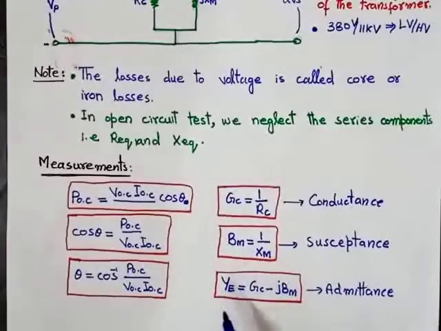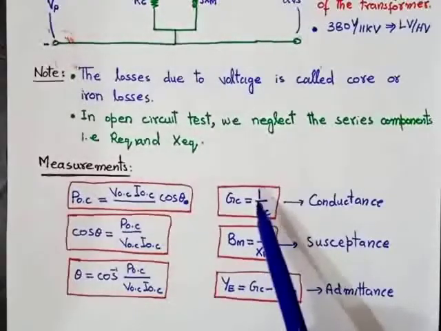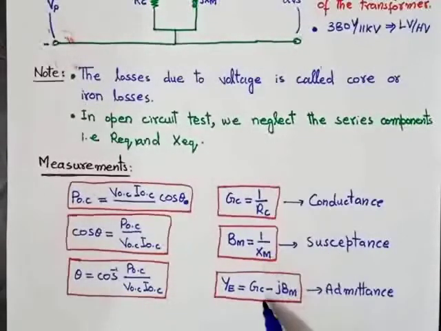So admittance will be equal to conductance minus j into susceptance. As we know, the value of Gc is 1 over Rc. Putting the value of Gc in this equation, we get Ye is equal to 1 over Rc minus j times the value of Bm, which is 1 over Xm.